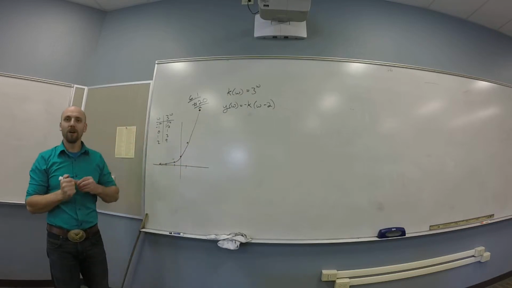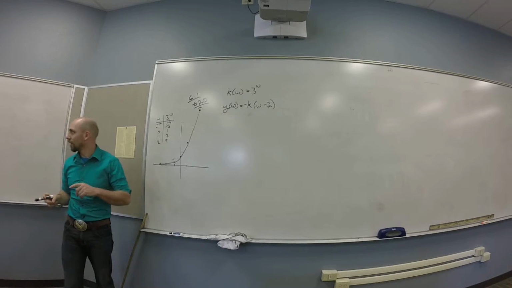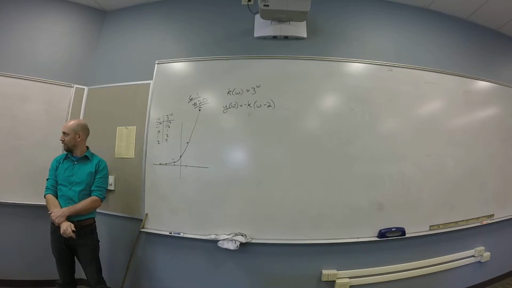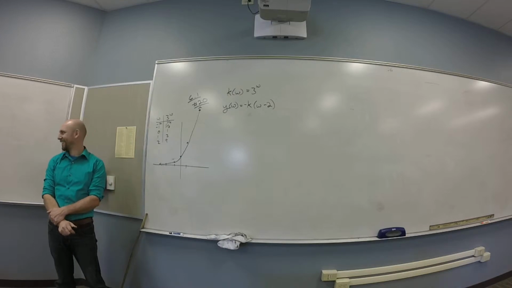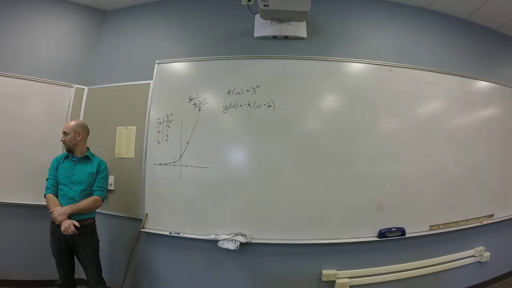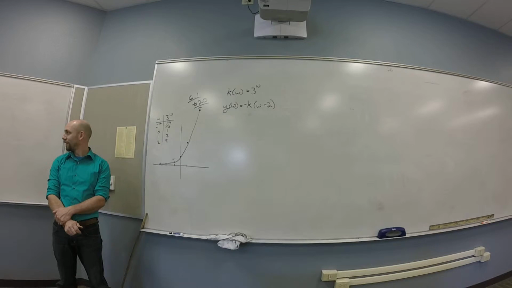So 3, 9, some kind of thing looking like that, give or take. How do I know it never gets negative? Because it can't cross the x-axis. Yeah, how do I know that? Because no matter where you put in a negative value, it will always come out positive, because it's like 3 to the negative something.